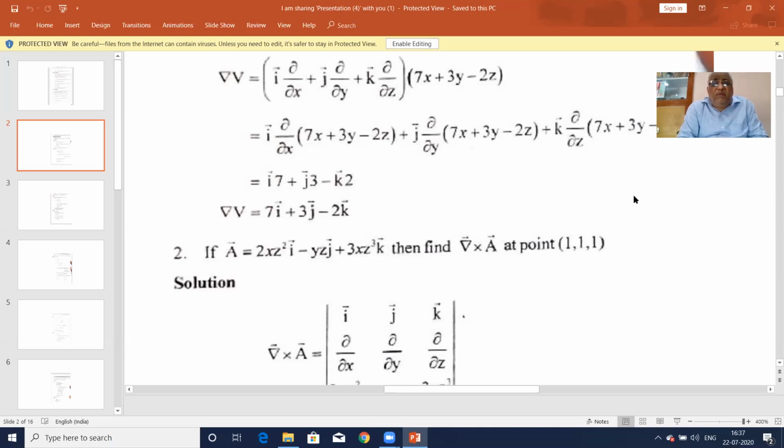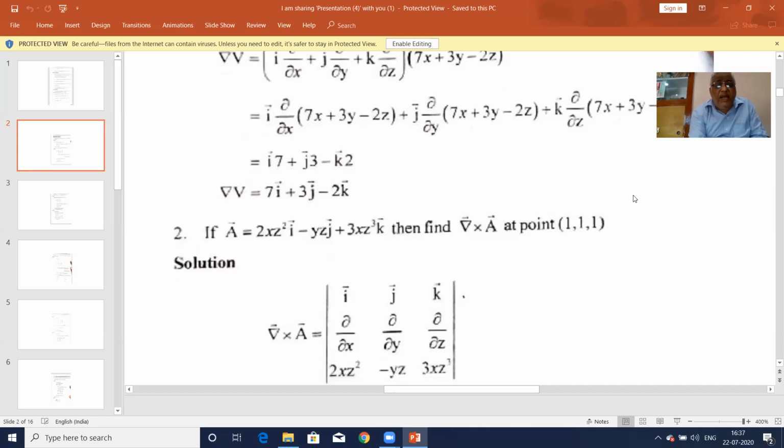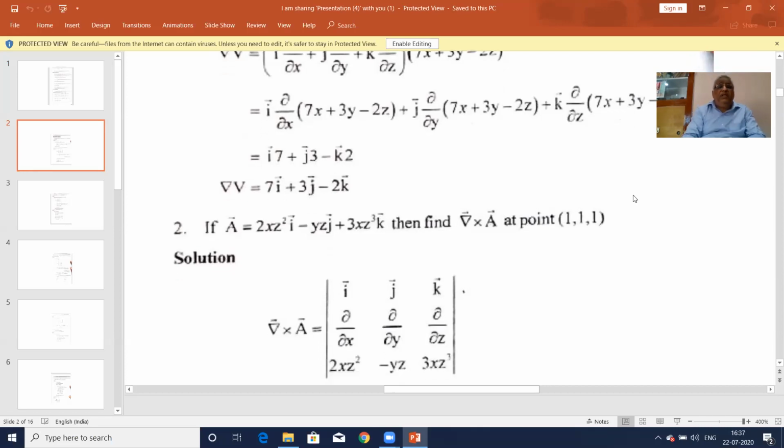He is asking to find the curl of a vector field at the point 1, 1, 1. By the basic definition, we write the curl in determinant form. Curl of A is the determinant with rows i j k, dou by dou x, dou by dou y, dou by dou z, and the components Ax, Ay, Az.